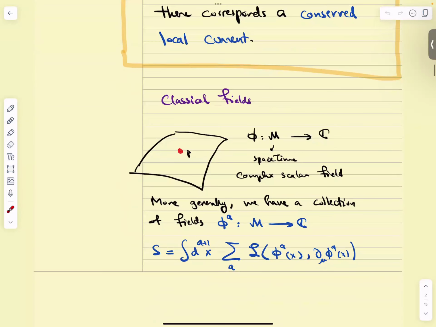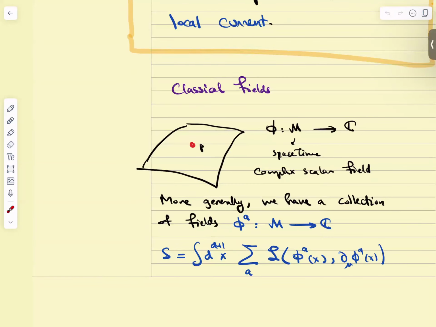All right, let's back up. What are classical fields? At first it might seem like what I'm doing is a little bit too mathematical, but believe me, this saves you a lot of confusion later. What is a classical field? It's a map from space-time, manifold M, to complex numbers if it's a complex field.